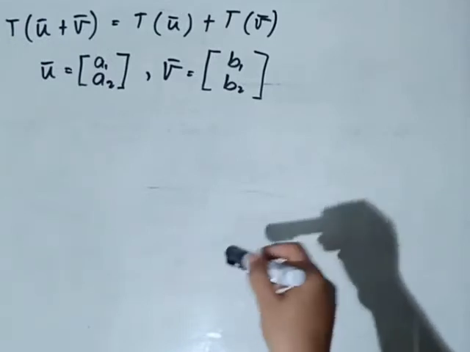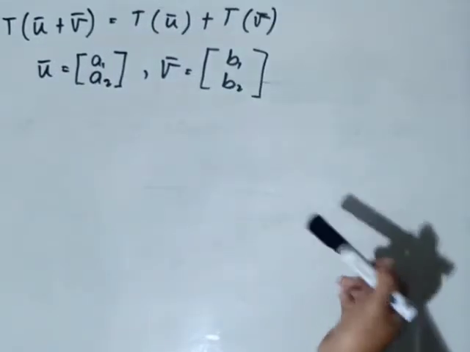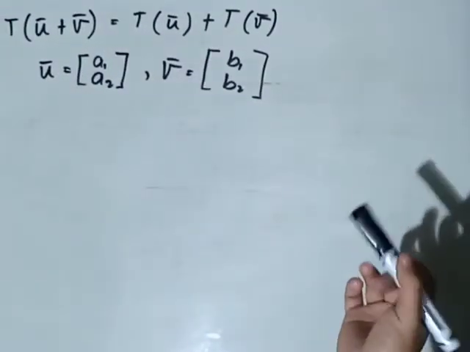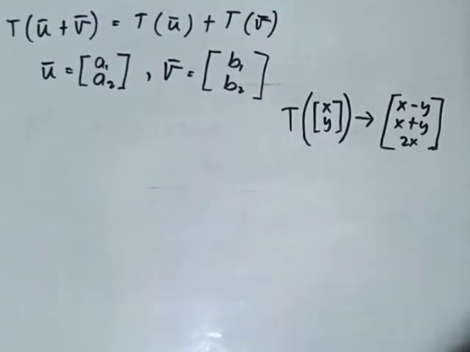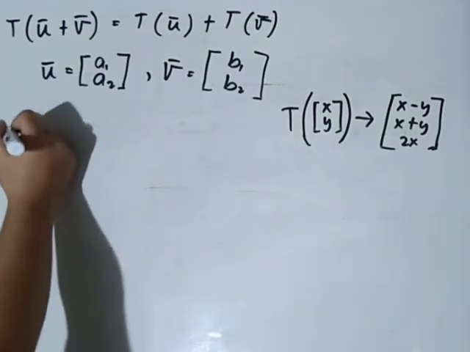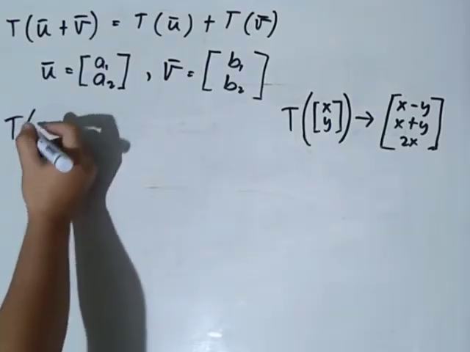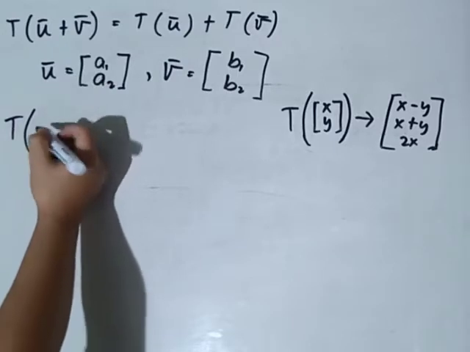So using the rule in the transformation a while back, let's write it. This is now the transformation. Here, let us have the transformation of u plus v.